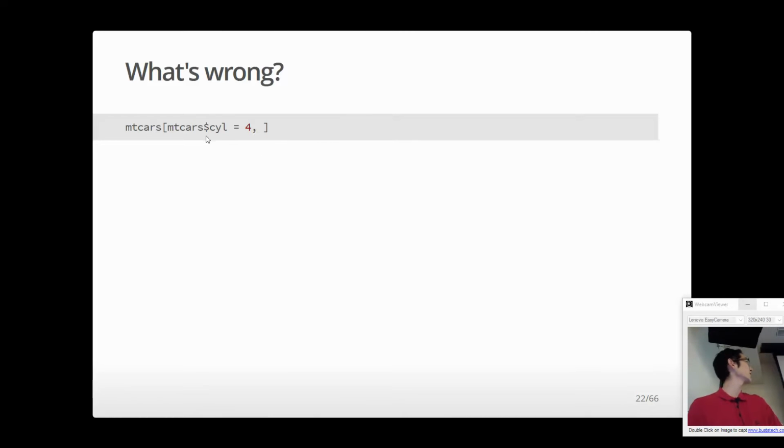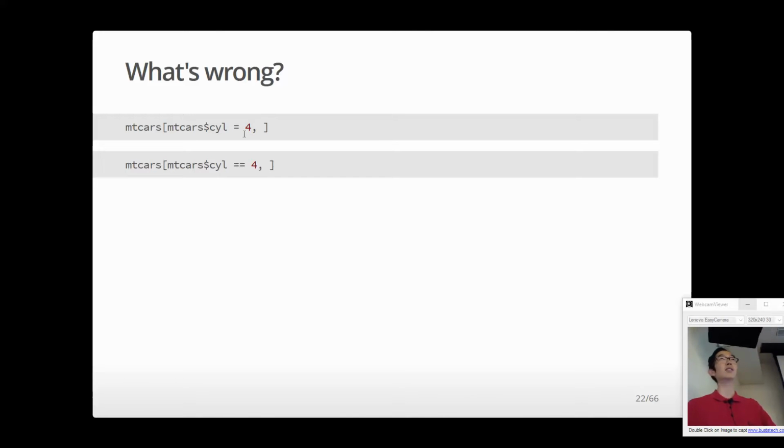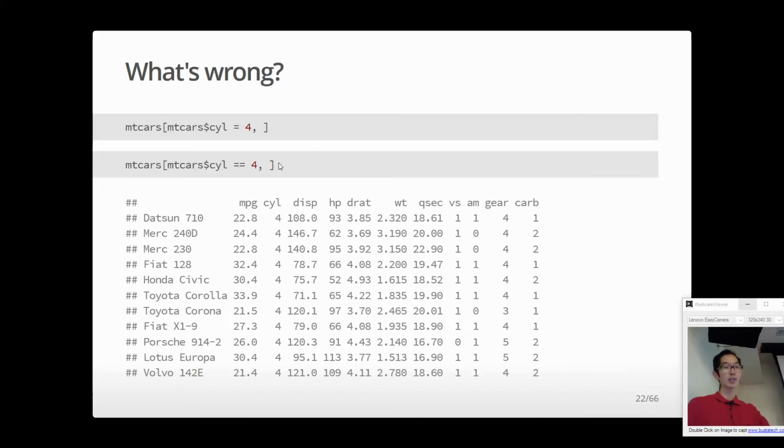What I'm trying to get is the rows where the number of cylinders is 4. What's the operator? Double equals, yeah, exactly. I need double equals, because this is assignment. So we want double equals, and this gives me what I want, the ones with 4 cylinders.